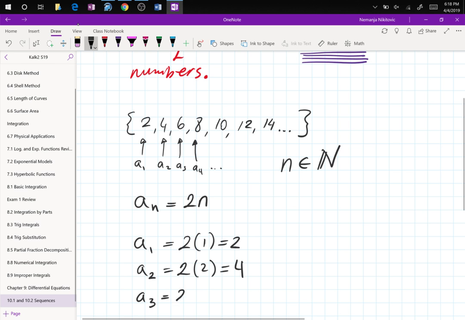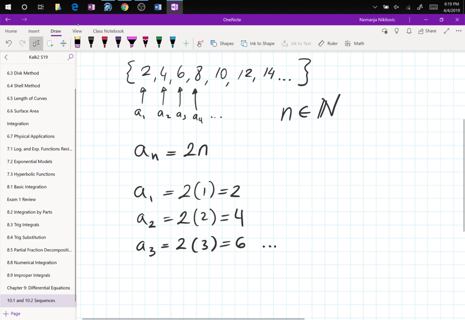The third term is 2 times 3, which is equal to 6, and you can go as far as you want. The set of natural counting numbers is not bounded, it goes to infinity. On the left it is bounded because you start with either 0 or 1, and going to the right, it's going to go forever.